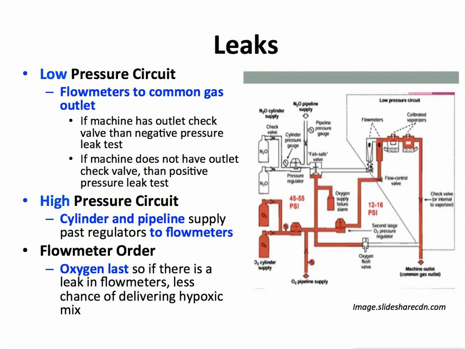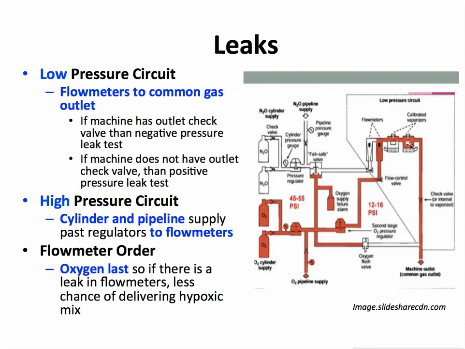If the machine has an outlet check valve, then you need to use that little bulb and create a negative pressure, suck that open so that you can check this system behind the check valve. If the machine doesn't have an outlet check valve, then we just use the positive pressure leak test, where we pressurize the system and see if there are leaks in the low pressure circuit.